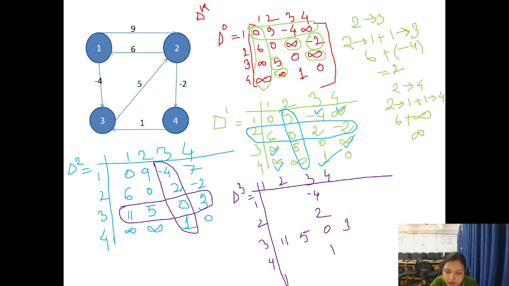Now we will update. See, this is 1 to 1 is 0, 2 to 2 is 0, 3 to 3 is 0, and 4 to 4 is 0. So we will update 1 to 2 via node 3.